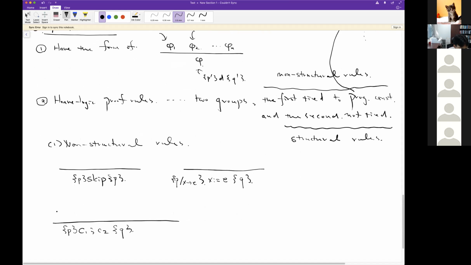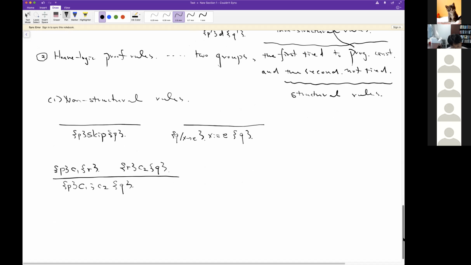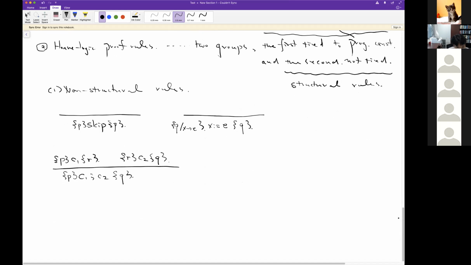The rule says that to prove this, you need to prove C1 satisfies a triple with the same precondition P, but with some post condition R, and then show that from R, C2 establishes Q. If you do so, then the conclusion is going to be true. And then there are two more rules. Maybe just writing down all the rules and then doing some practice may be more useful.